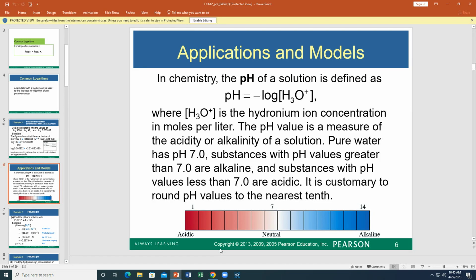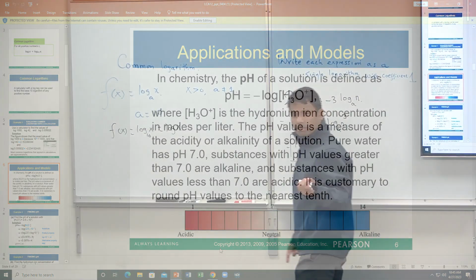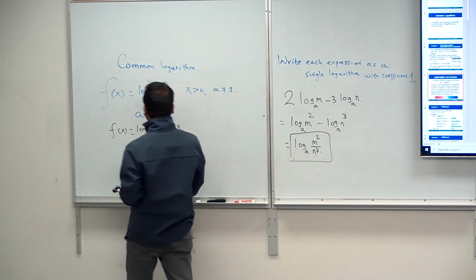If the pH is greater than 7, the solution is alkaline. And if pH is less than 7, the solution is acidic, right? That makes sense? Okay. And if it is equal to 7, what do we have? Neutral. The water has pH 7.